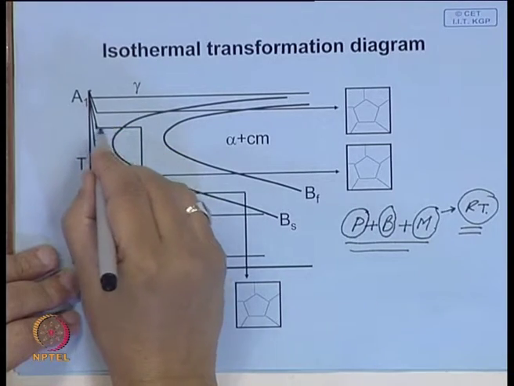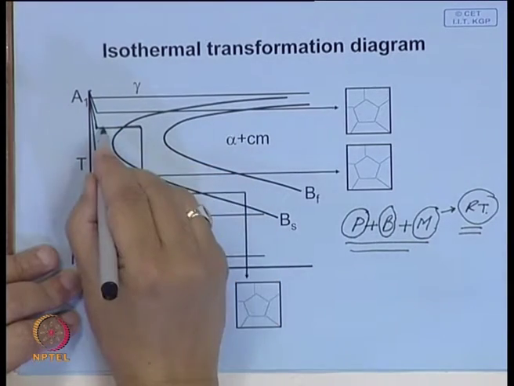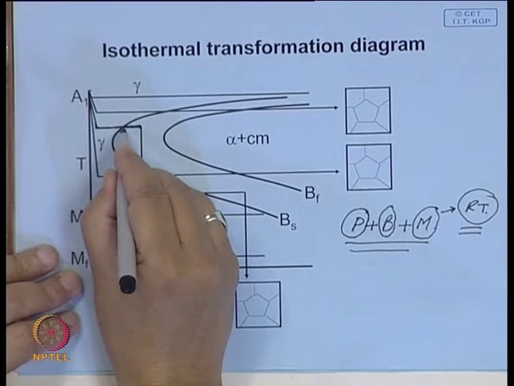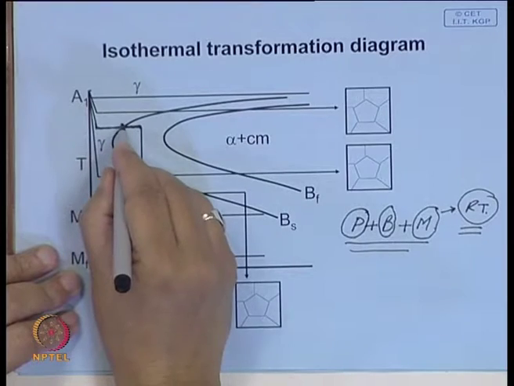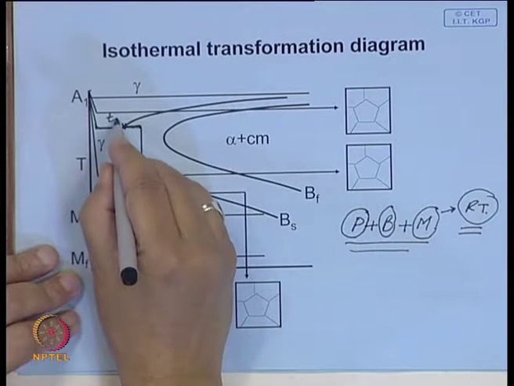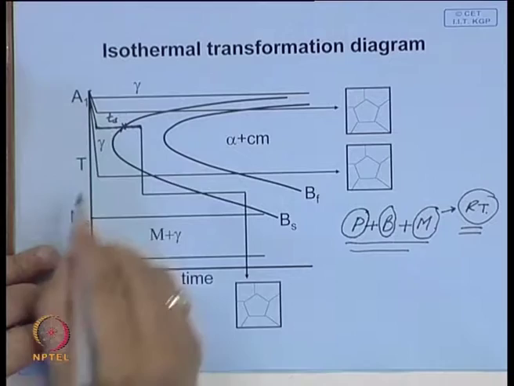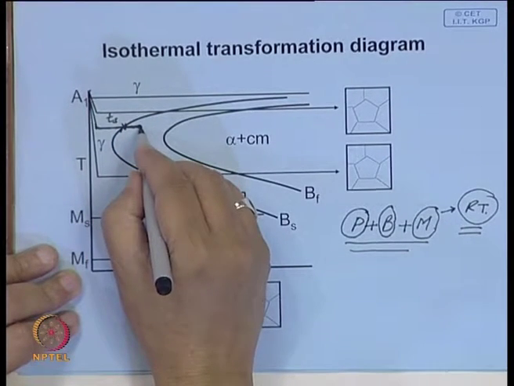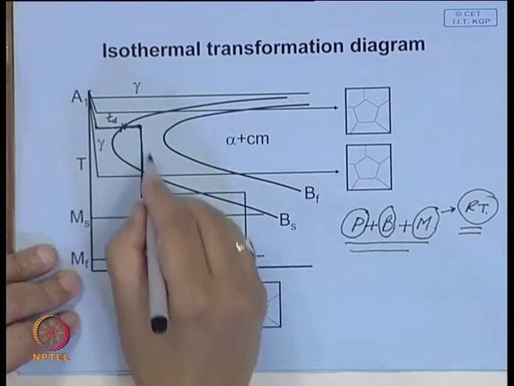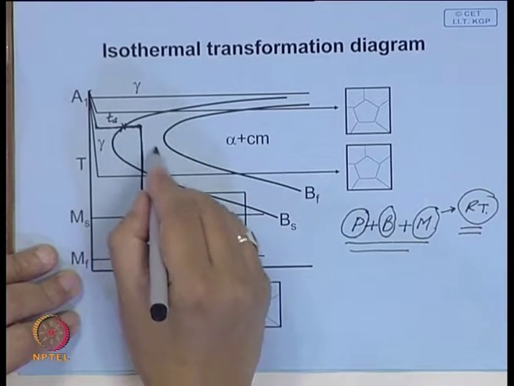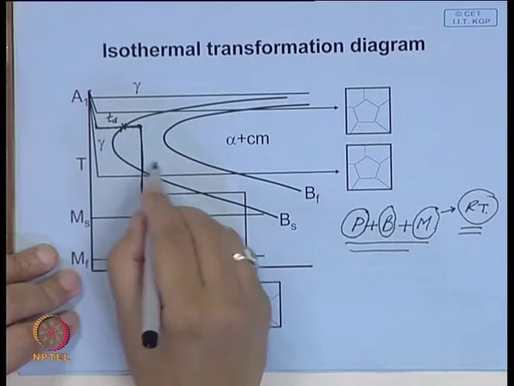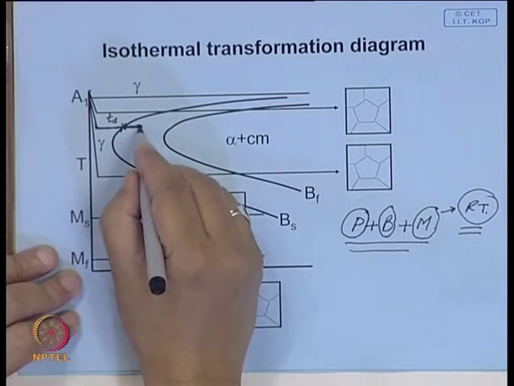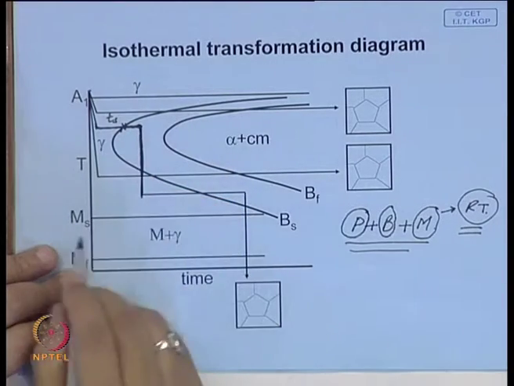So, if you follow this path, let it remain over here, and holding time should be greater than the time at which pearlite transformation starts. It must cross this and then keep it until then you quench to another bath, and when you quench, mind you, even though it is crossing this area does not mean that bainite will form, because for bainite to form carbon has to diffuse, and when you are quenching you are not allowing that time.